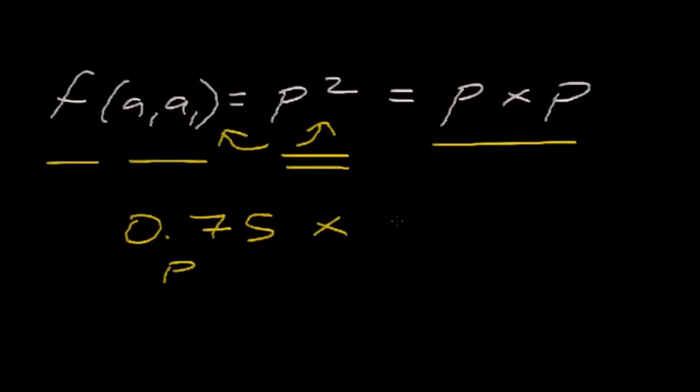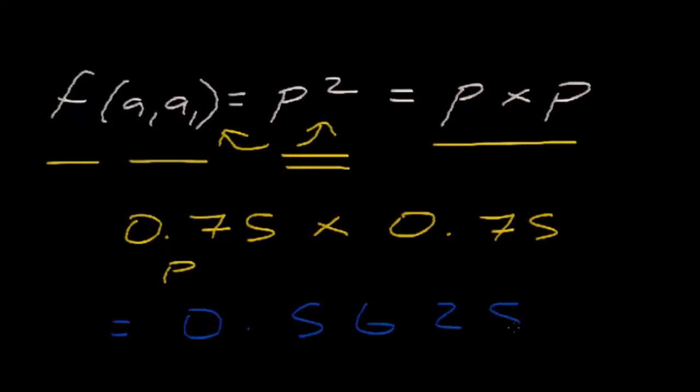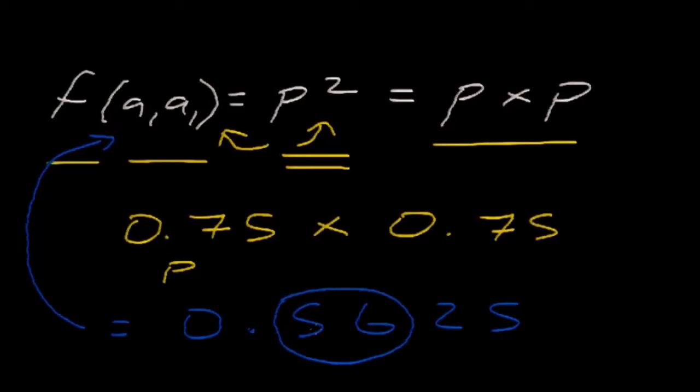So we multiply 0.75 times 0.75, and that gives us a value of 0.5625. What does that mean? It means under Hardy-Weinberg, at equilibrium, we would expect the frequency of the A1, A1 genotype to be 0.5625. In other words, 56% of the individuals in that population should be A1, A1.